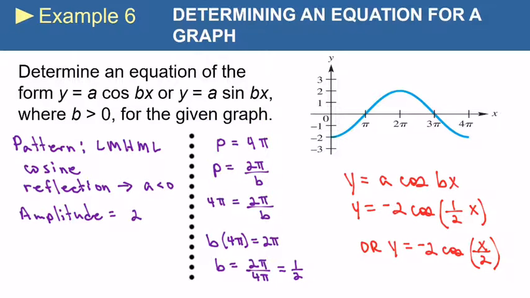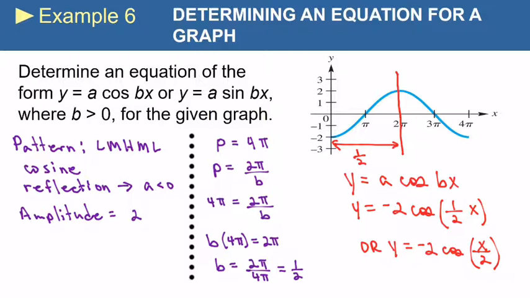Now let me point something out to you here. From 0 to 2 pi, we get exactly half of a pattern. And b was 1/2. Okay, you remember seeing on the previous slide where b was 2 and we fit 2 patterns between 0 and 2 pi?